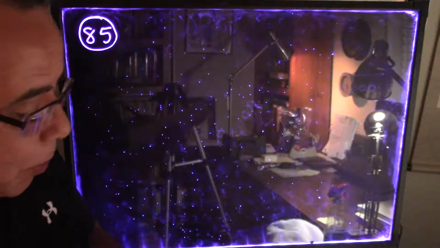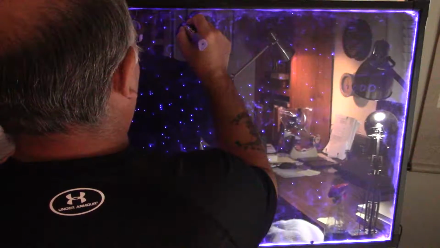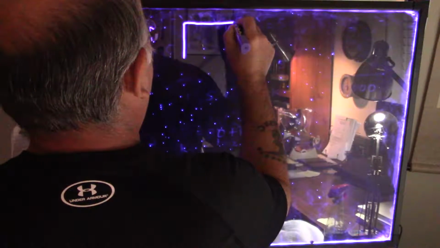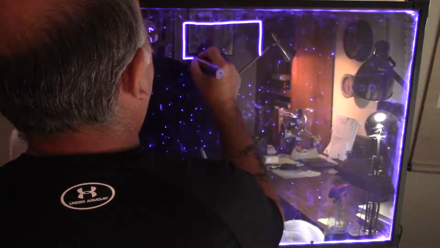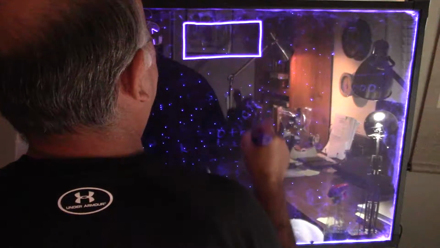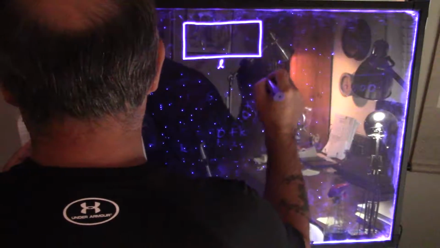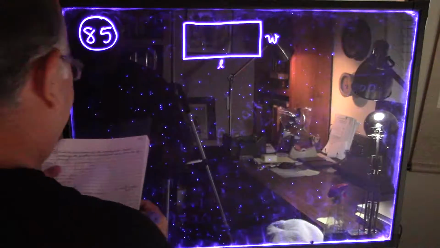It helps organize your thoughts, and especially in a test situation, don't try to do it all in your head. You may make mistakes, you may forget, unless you're super genius brilliant. Most of us have to use pictures.